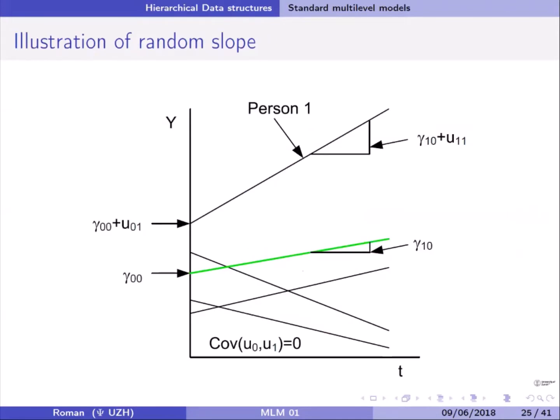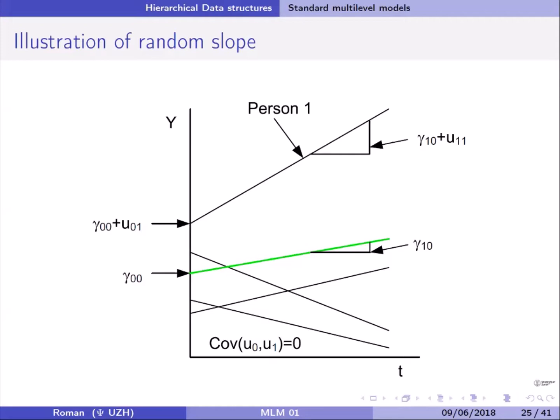So let's take a look at illustrations of the random slope. Notice now that the slopes differ. So gamma 0,0 is the average intercept. This is the average of all of these intercepts here, or where they're crossing 0. Gamma 1,0 is the average slope. So when we take all of these slopes, the average slope is right here.